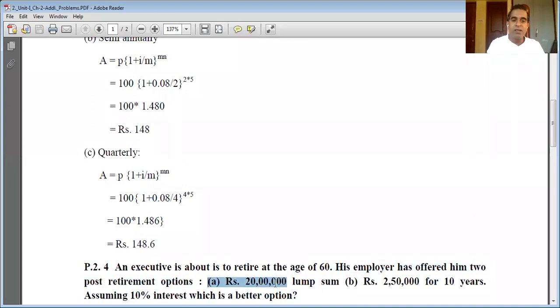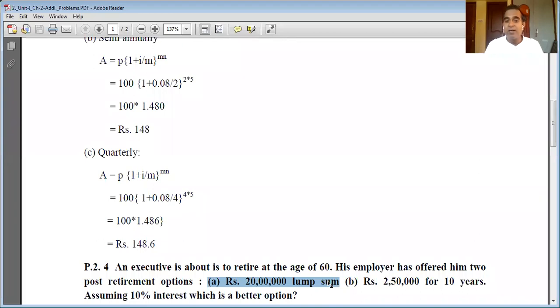Option A, 20 lakh rupees lump sum. See, dear students, when you find such words in the question paper, it is very important that you should have some general knowledge and common sense to interpret the meaning of, for example, in this case, a 20 lakh rupee lump sum.